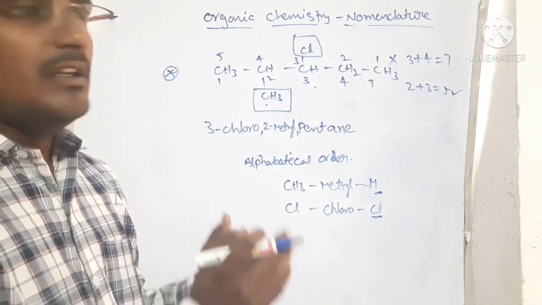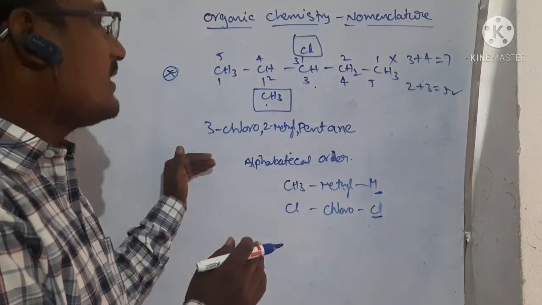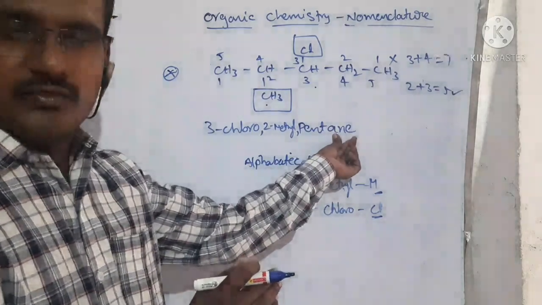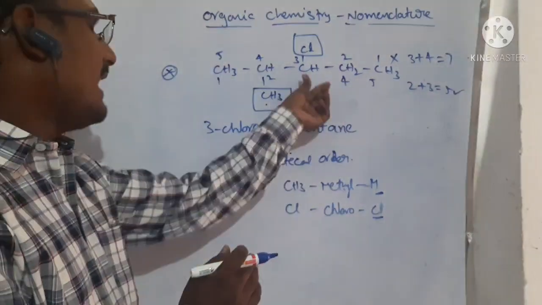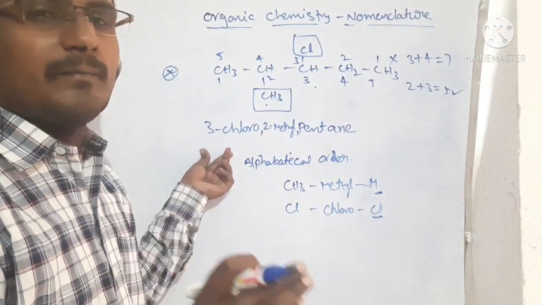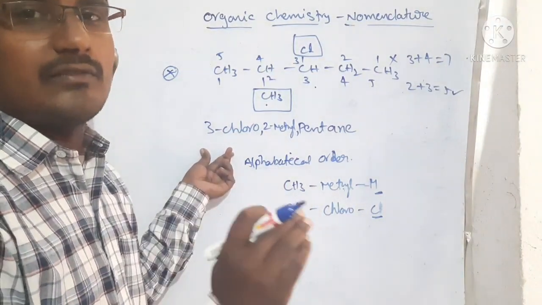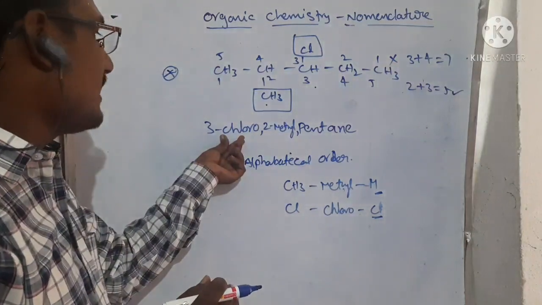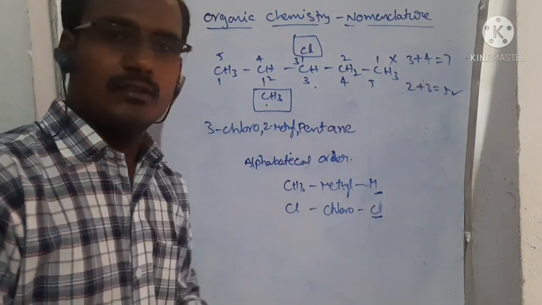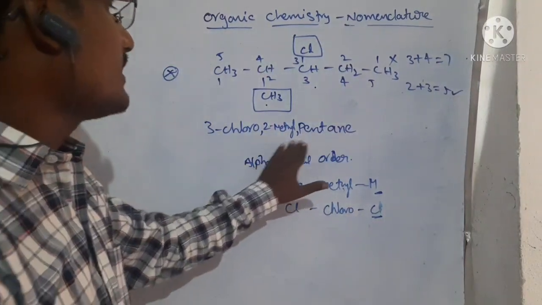The next one: while writing the name of the compound, first write the root word and after that the suffix. For single bonds, it is -ane. Then while writing the substituents, prefer alphabetical order. Chloro means C is first, that means 3-chloro. The second one is methyl, 2-methyl pentane. Right? This is 3-chloro, 2-methyl pentane.